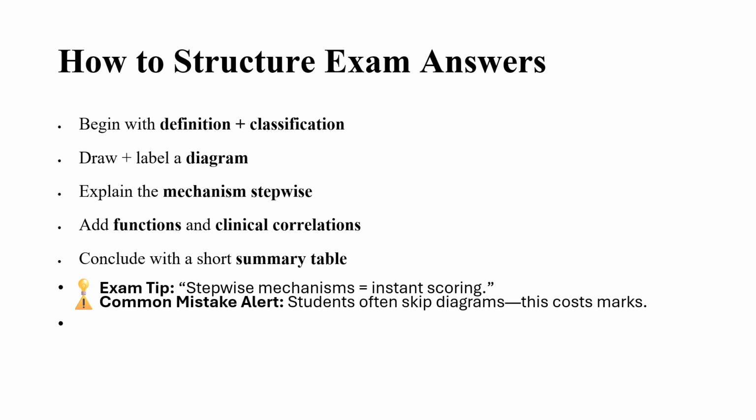Now, bring in clinical correlations. You can mention a disorder, consequence, or drug effect that arises when the mechanism is impaired. Finally, wrap up with a summary table, perhaps comparing steps, ion rules, or differences between pathways. This reinforces your answer and leaves a clear final impression. The overall strategy is simple: define, draw, explain, apply, then summarize.